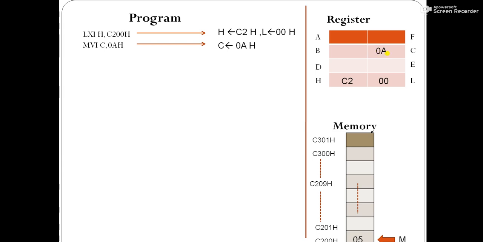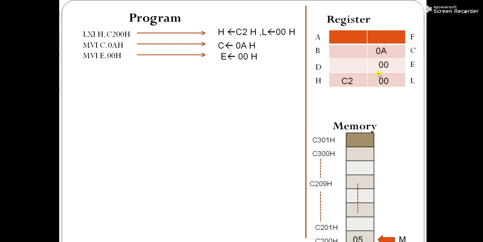Next, we have to count even numbers and also odd numbers. The count of even numbers will be stored in one register and the count of odd numbers in another register. That is why we have taken the instruction MVI E, 00H. After executing this instruction, register E will be initialized as 00.